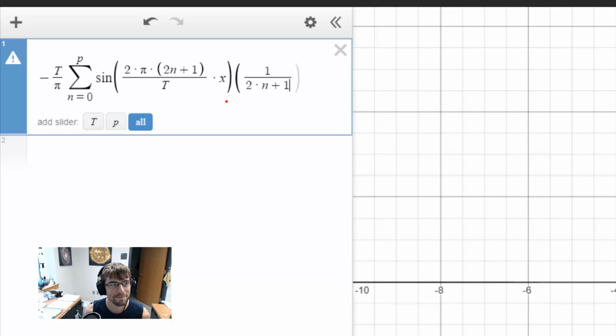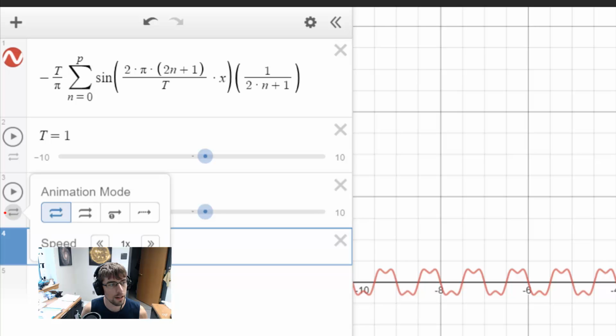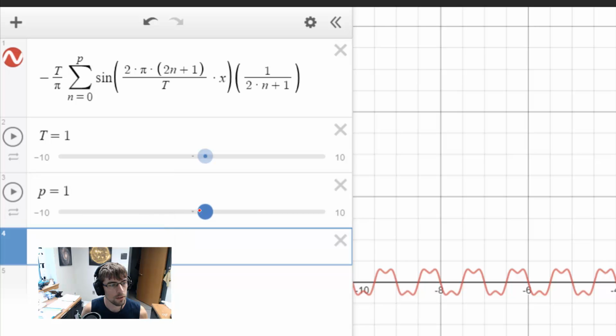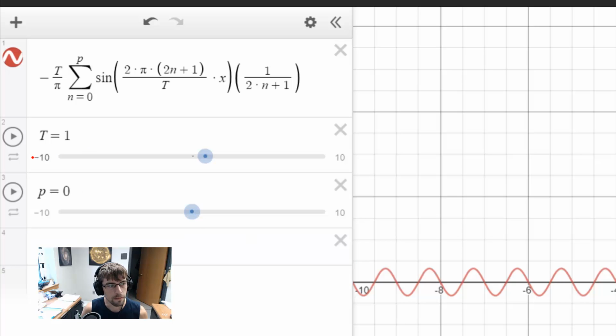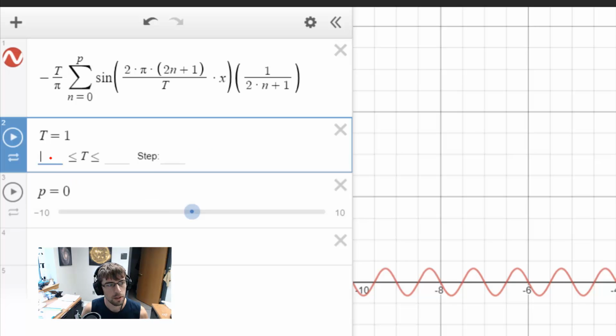Now the nice thing here is that I'm going to leave T equal to 1, the period, just to make life easy. We could change that if we wanted.